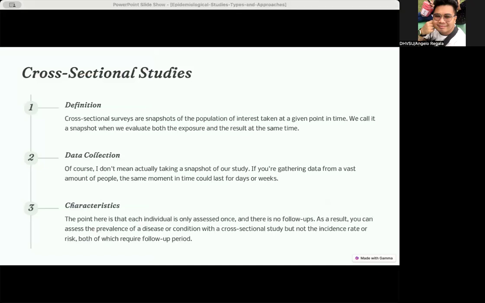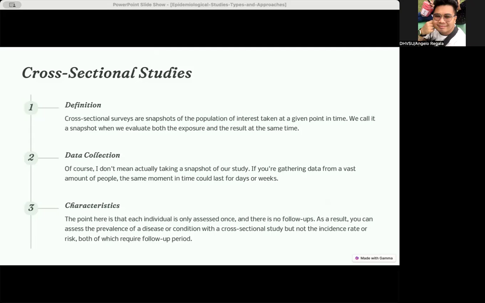Now, the next one falls under another type of observation, which is analytical. Okay, so the first two are descriptive because you're only describing the situation, whether it's case report, case series, or case study, or even ecological.